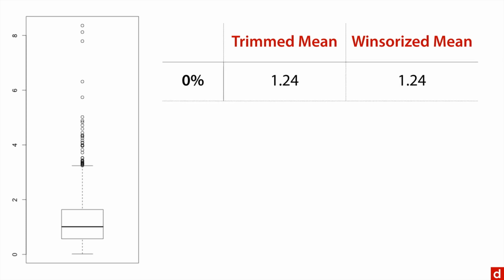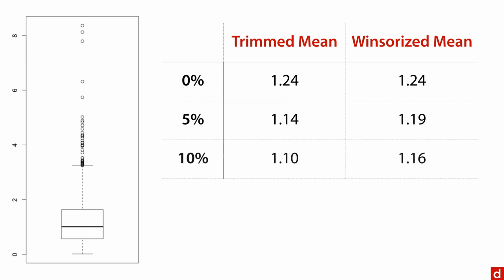Now, the 0% is exactly the same as the regular mean, and here it's 1.24. But as we trim off 5% or move in 5%, you can see that the mean shifts a little bit. Then 10%, it comes in a little bit more, to 25%. Now we're throwing away 50% of the data, 25% on the top, 25% on the bottom. And we get a mean here of 1.03, that's a trimmed mean, and a Windsorized of 1.07.